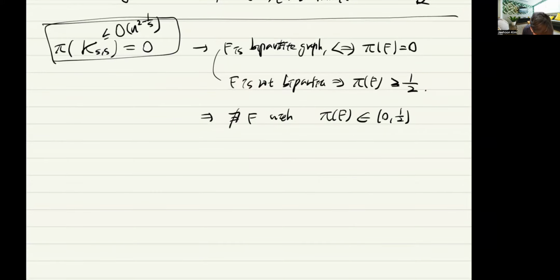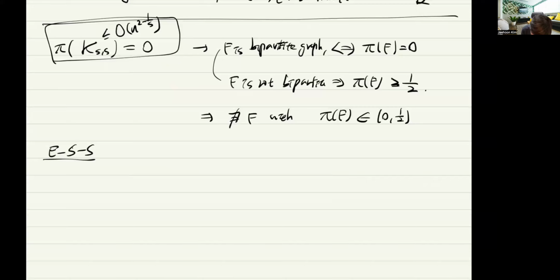Furthermore, the Erdős–Stone–Simonovits theorem that we learned in the introduction to graph theory course, we will learn about it again, so this will come out later in the course.